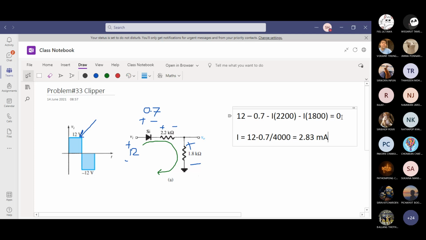Is Mr. Satawat here? Yes, sir. So what is the output voltage during the positive half cycle? What is V out? I want you to look at the point where V out is taken. What is the output voltage? There are two ways of calculating, and both should give you the same answer.